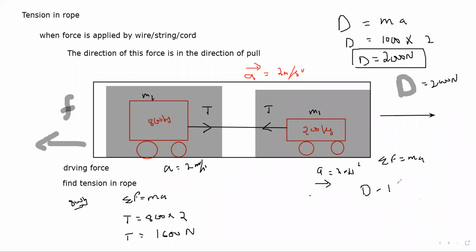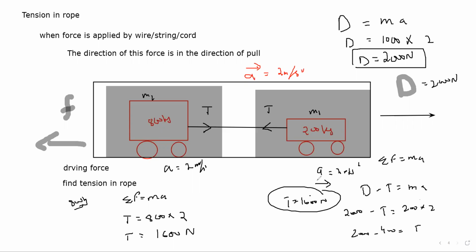So it will be D minus T is equals to ma. D is 2000 driving force, minus T, is equals to mass, which is 200, times A, which is 2. So if I need T, 2000 minus 200 into 2, which is 400. It will move to the other side, minus 400, and again you will find T. So I'll get 600 Newton.